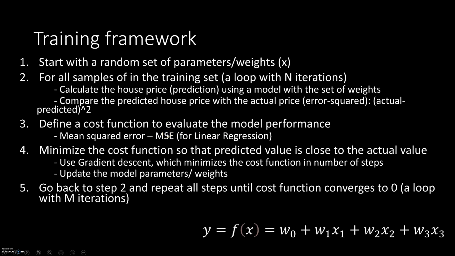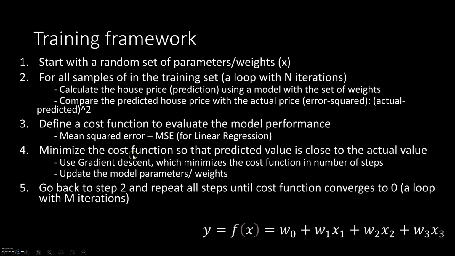It's called a cost function because we want to penalize the model if the error is too large. If this cost function is too large, which means the error is too large, then that's not a good model. So we want to minimize this cost function, and that's the goal.